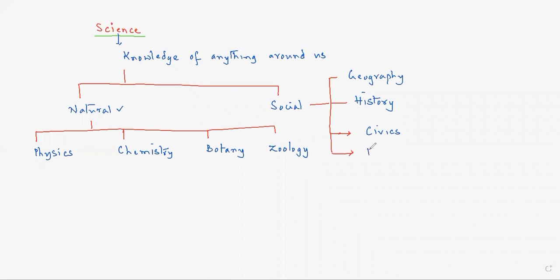So these are the different types of things which we come across in the social sciences category, right? Now I think you can see our chemistry here in the natural sciences category. So chemistry is of course a branch of natural science, right?